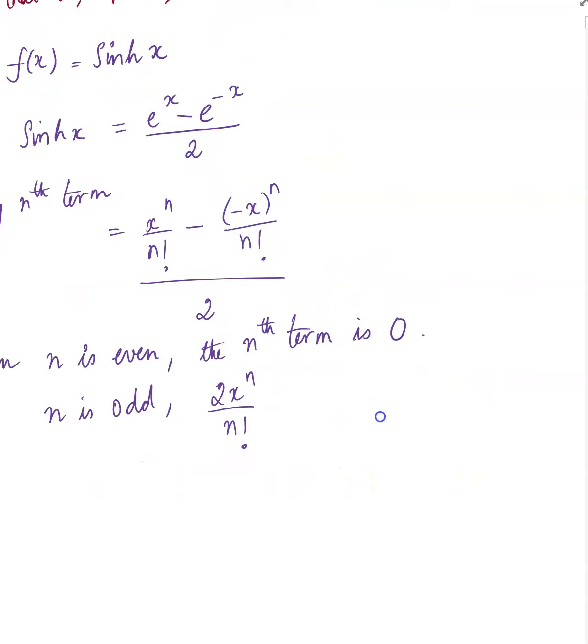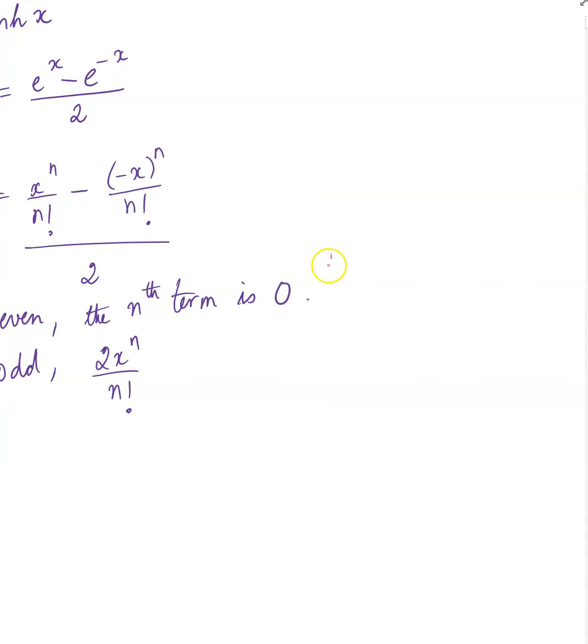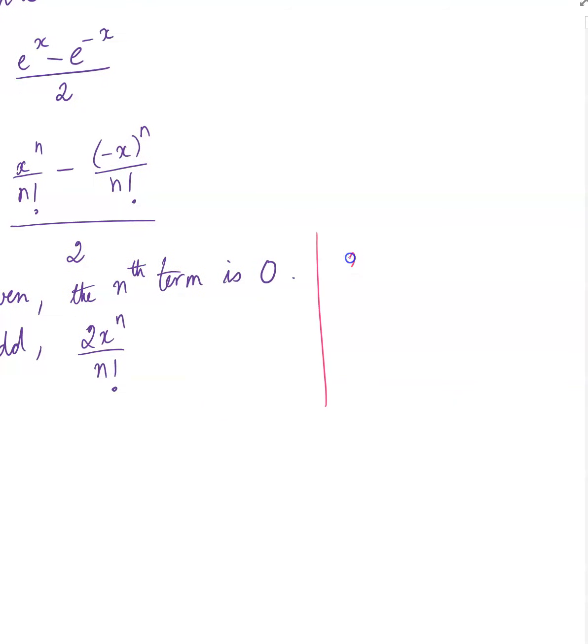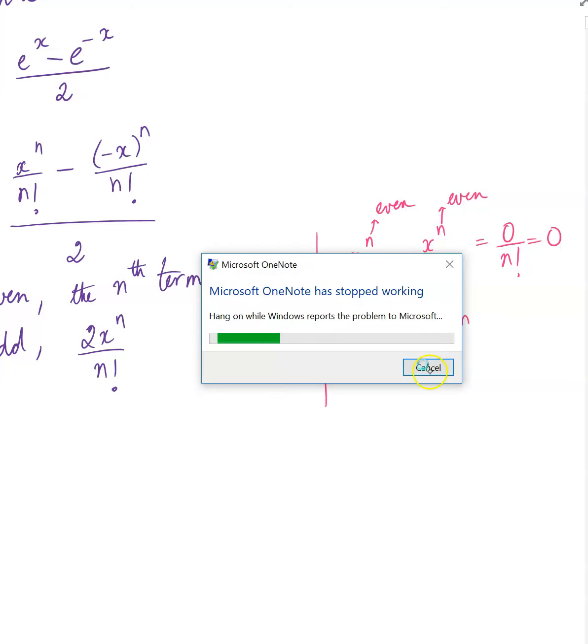I hope I made that point clear, but when I have a hunch, it's better for me to explain it. So x power n over n factorial minus x power n over n factorial, when n is even, is 0 over n factorial, or simply 0. Now when it's odd, negative x power n, this negative comes out.